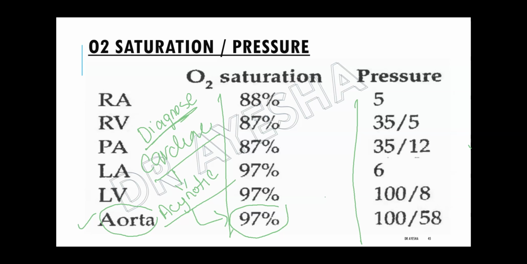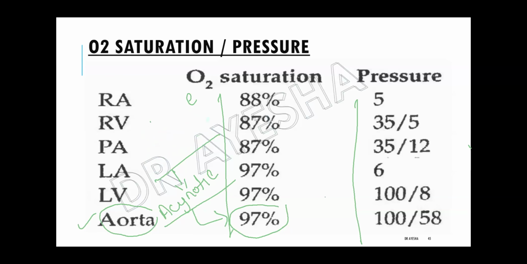You are not dealing with cyanotic heart disease. So whatever cyanotic heart diseases are in your stem, which we discussed in our previous lecture, simply cross them out. Now your concentration will only be on the acyanotic heart diseases. This is the first rule.